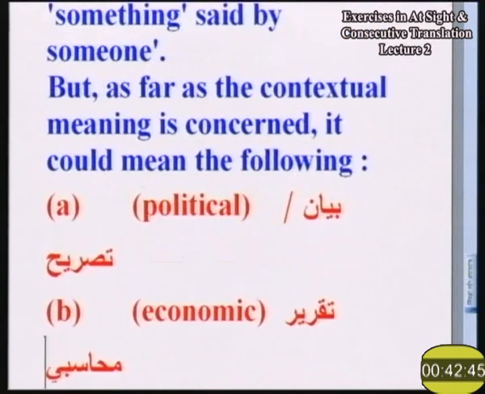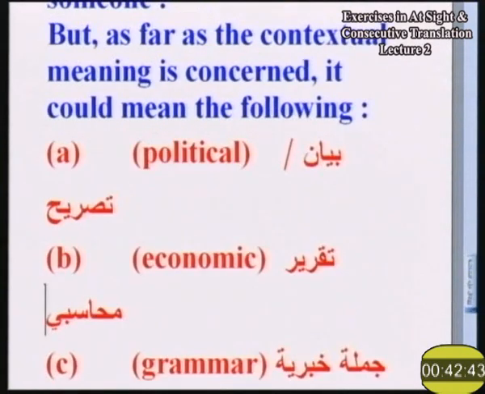In an economic context, it means taqrir muhasabi. For instance, if we say the company released its annual economic statement. I'm going to write you the examples now.